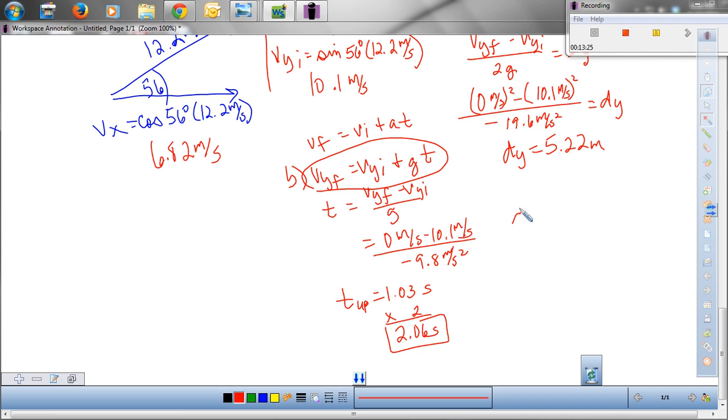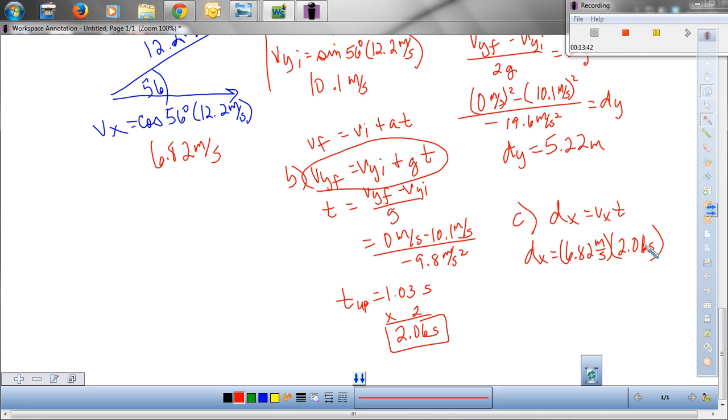And then part C says, how far did it travel horizontally? dx equals Vx t. Vx is 6.82, and t is 2.06.